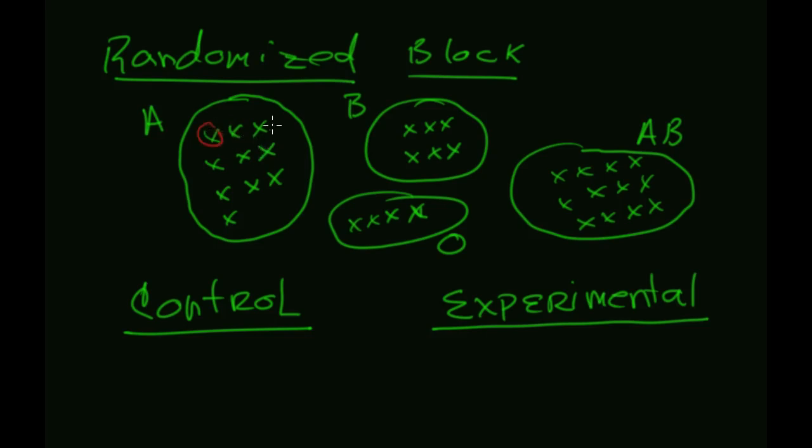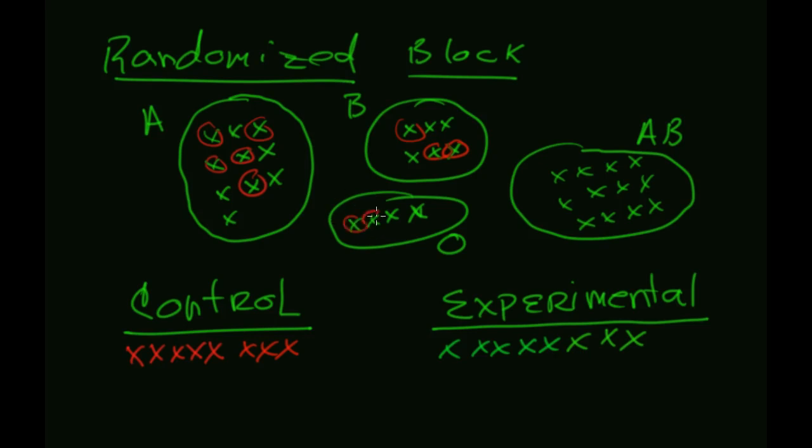So I'm going to randomly pick 1, 2, 3, 4, 5 people from this group and put them in my control. And then put the other 5 in the experimental group. Now, I'm going to do the same with each of the groups. I'm going to randomly pick 3 from here, put them in the control group, put the other 3 in the experimental group.